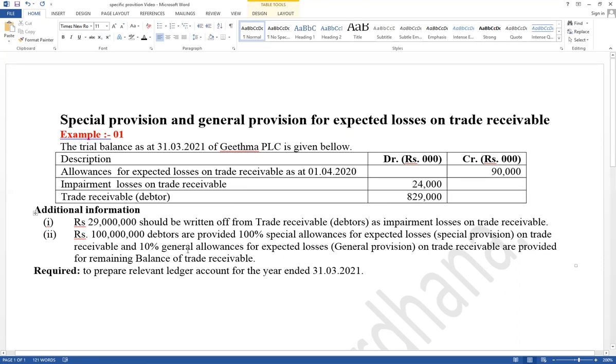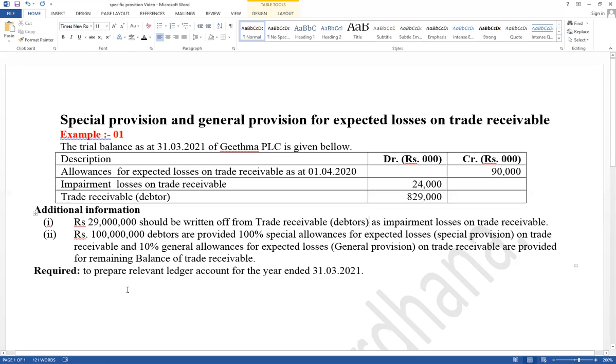And 10% general allowances for expected losses, that is a general provision on trade receivable, are provided on the remaining balance of trade receivable. Therefore, general provision should be calculated based on the remaining balance of trade receivable. Special provision as well as general provision.